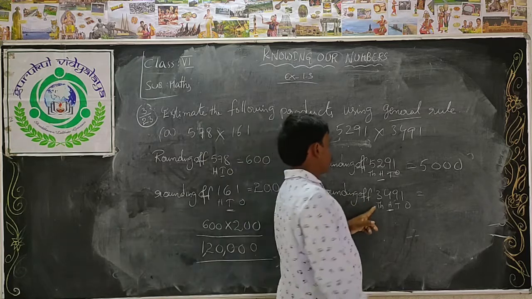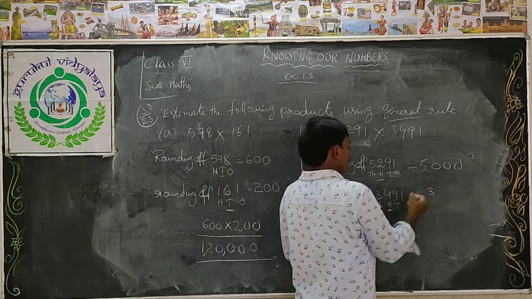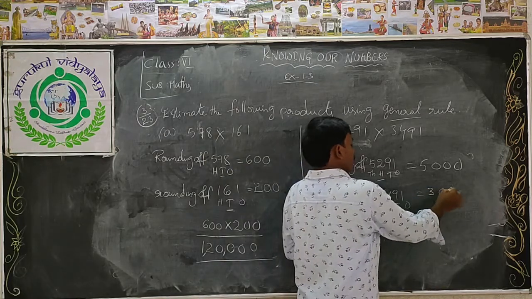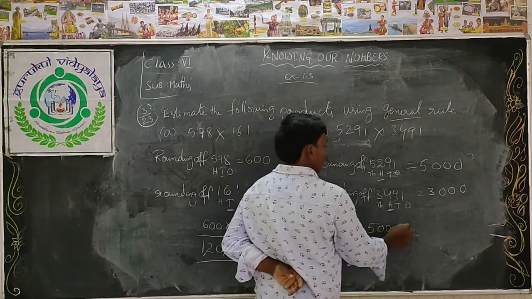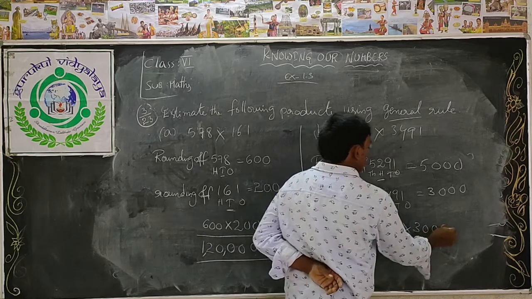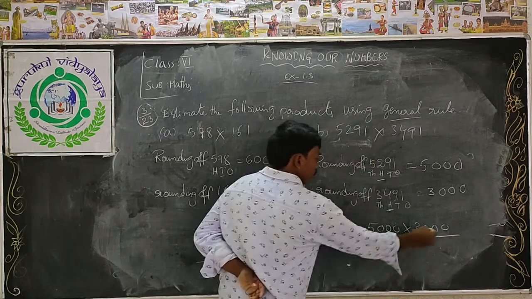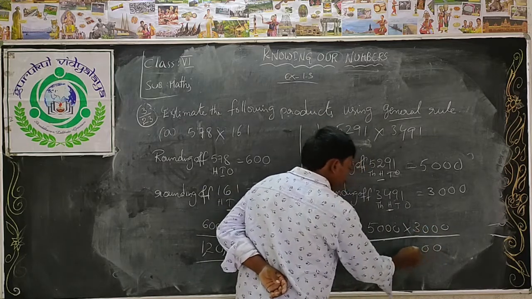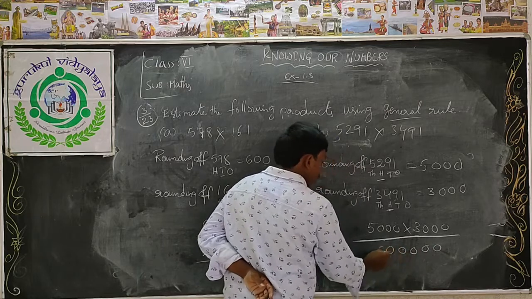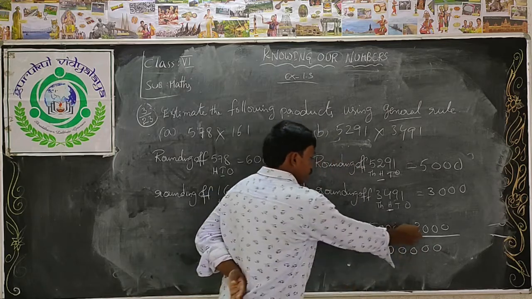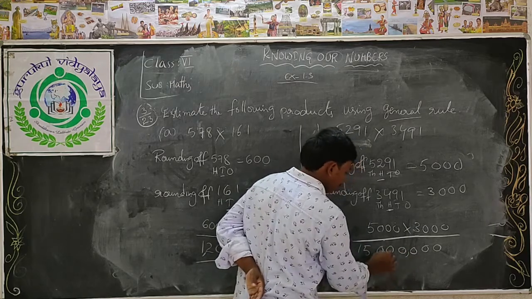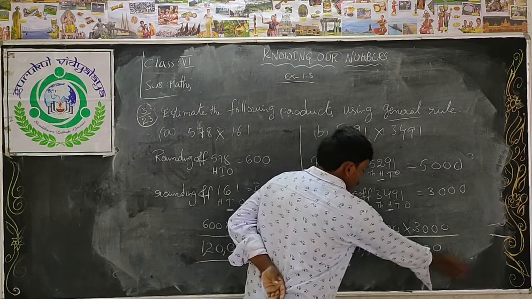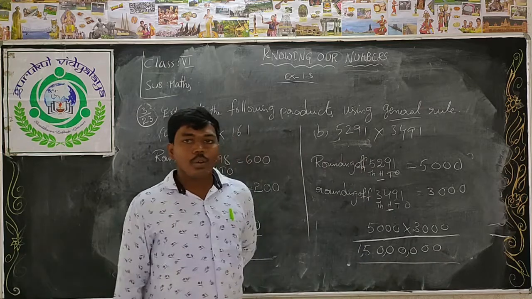No need to change the thousands place, that is 3. The remaining will be 0, 0, 0. So that is 5,000 into 3,000. Find the product, na? 3 zeros are there, 0, 0, 0. This is a shortcut method also. Okay. 3 fives are 15. This is the required value. Okay. This is the required product.